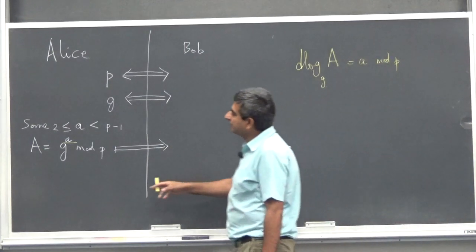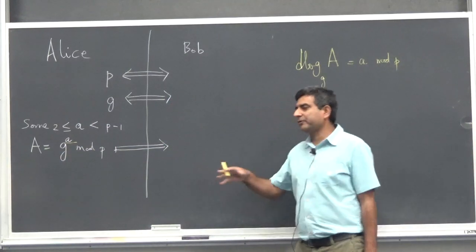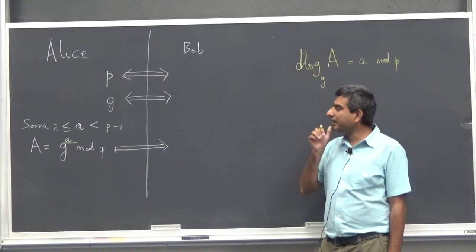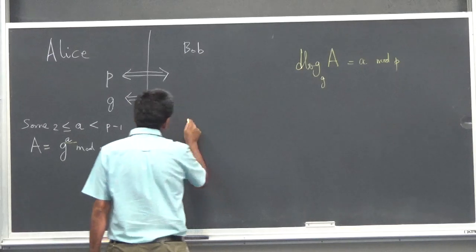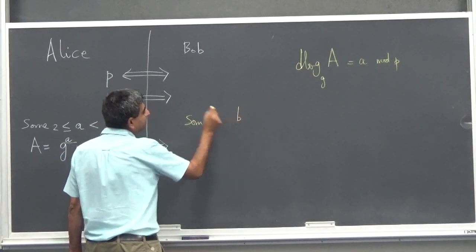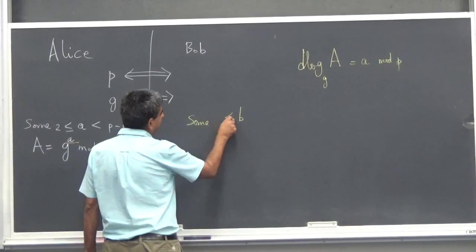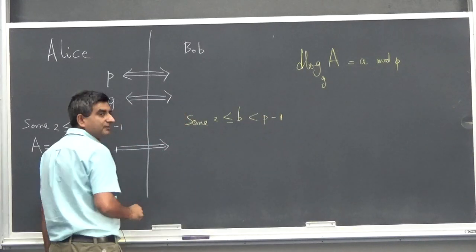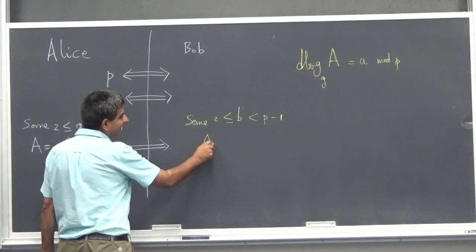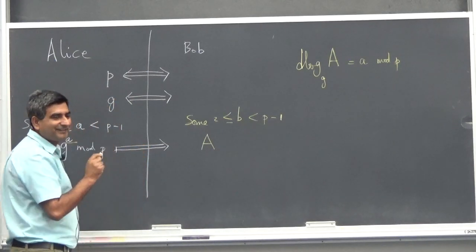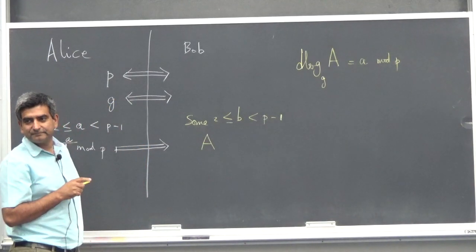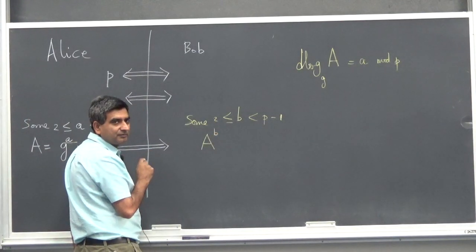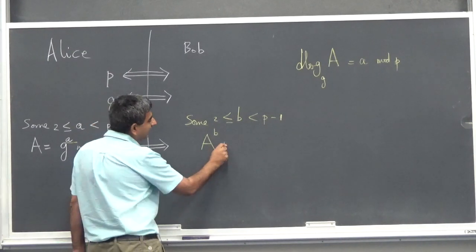So once this object goes to Bob, Bob can do something with capital A, right? So what Bob does is Bob chooses some integer b between 2 and p minus 1. Bob does two things. Bob takes this capital A and exponentiates it with respect to b, mod p.